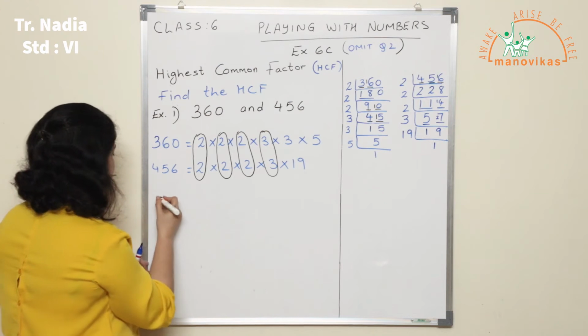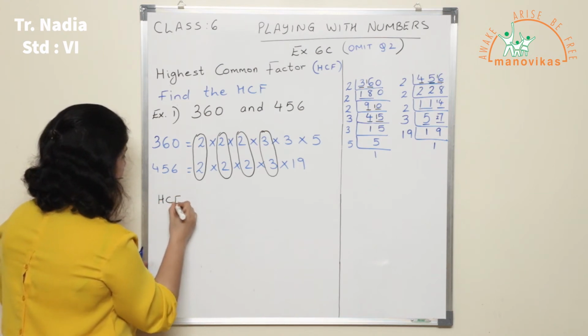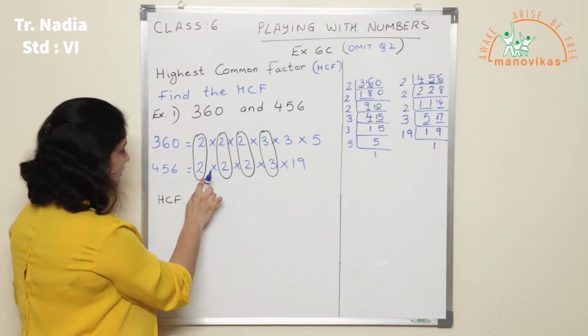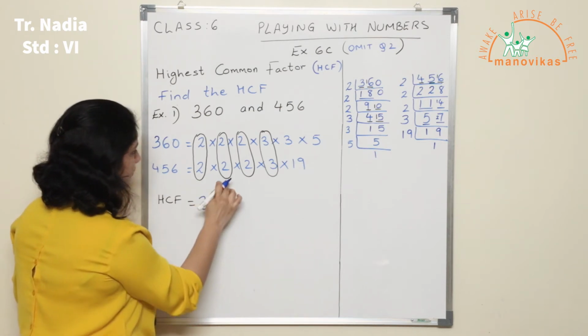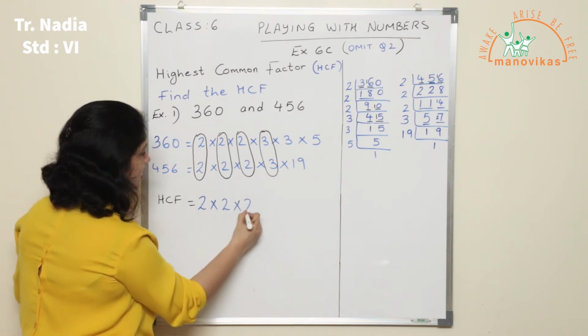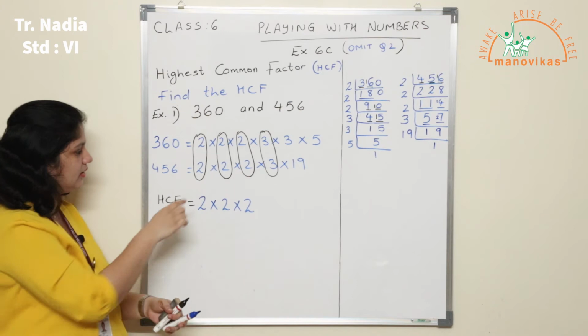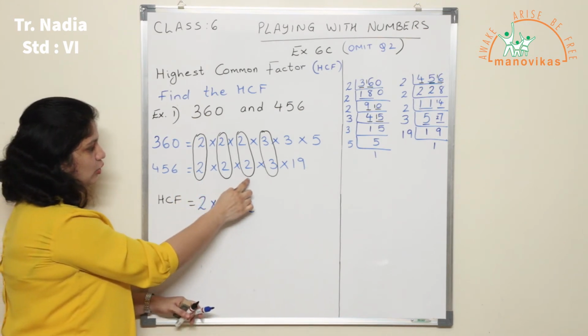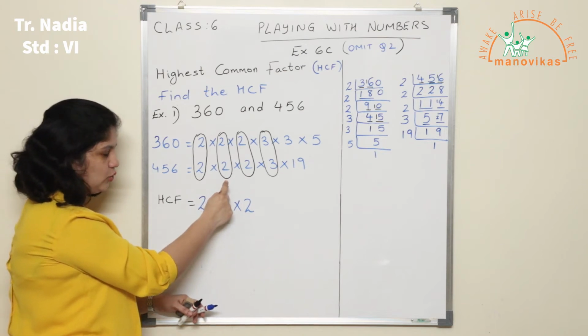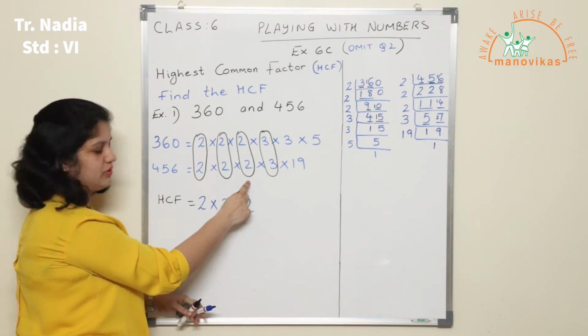Now to find the SCF, I will multiply all these numbers. This 2 multiplied by the second 2 which is common, multiplied by the third 2 which is common. Children, look here, there are altogether 3 2s which are common. This is the first 2 which is common, this is the second 2 which is common, and this is the third 2 which is common.